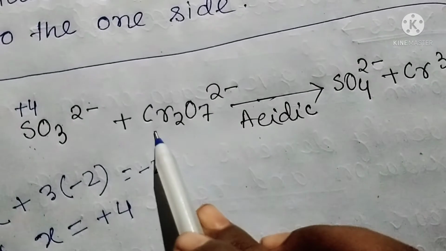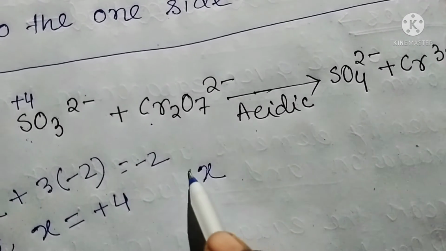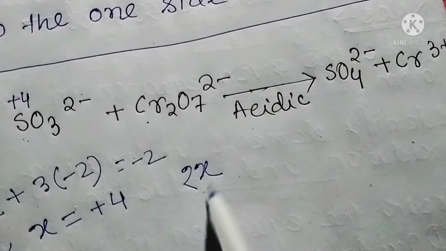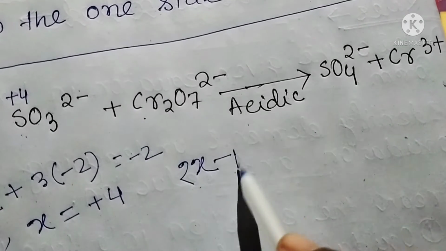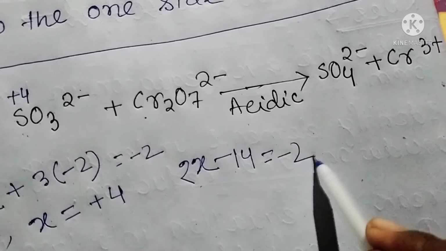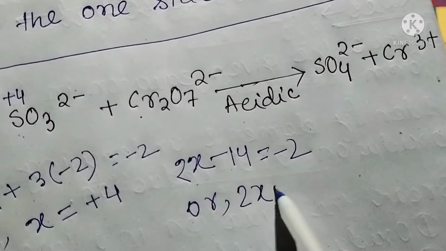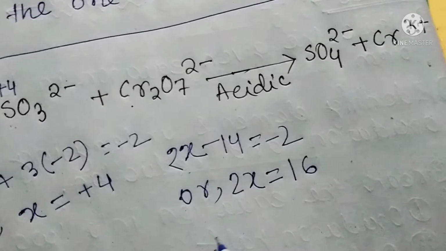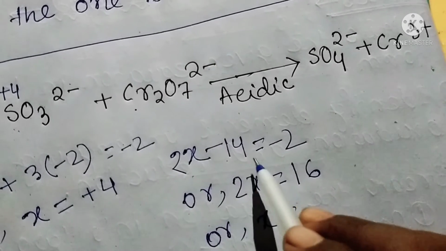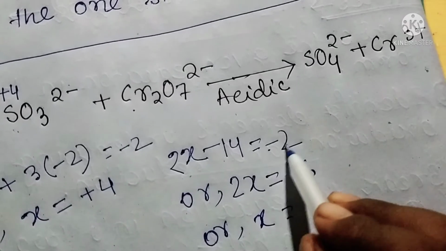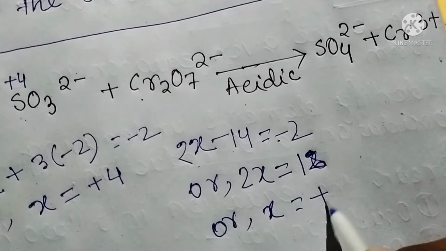Now let the oxidation state of chromium be X. So 2X plus 2 into minus 7, that means minus 14, equals minus 2, or 2X equals minus 2 plus 14, which is 12, so X is plus 6.